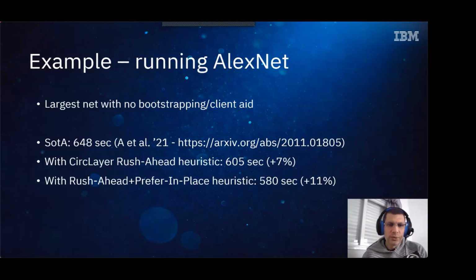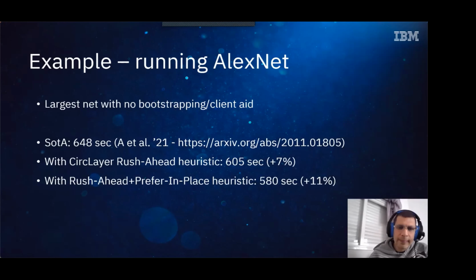Next I'm going to show an example of how we run AlexNet and obtained better running times. We chose AlexNet because this is the largest neural network that we can run without needing bootstrapping or client aid. The state of the art runs AlexNet in 648 seconds.